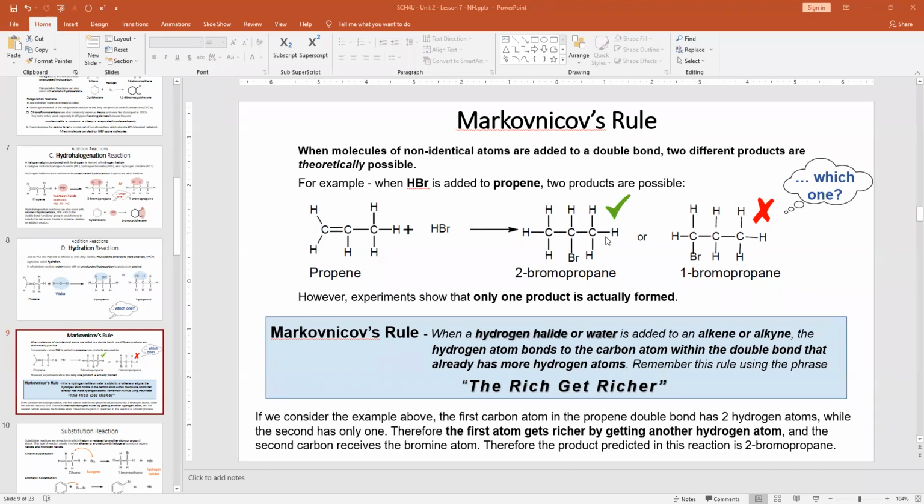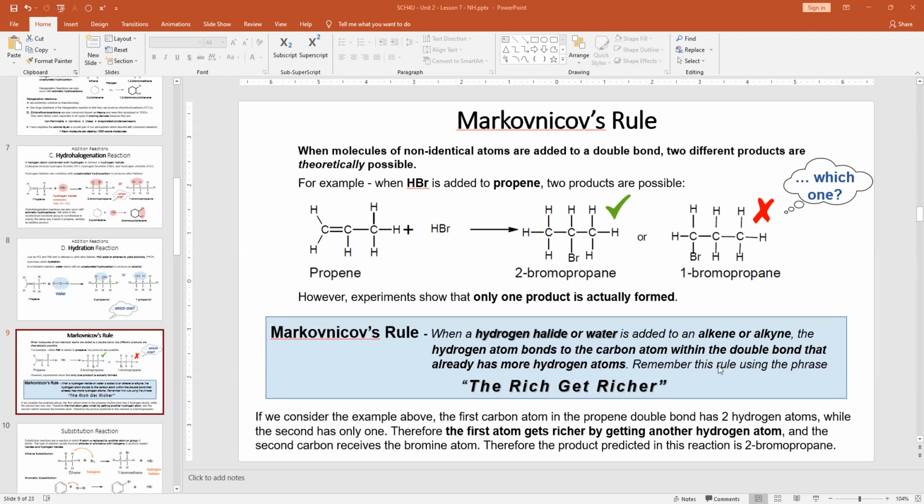So Markovnikov's rule says that when a hydrogen halide, as is the case with this molecule here, or water, H2O, is added to an alkene, double bond, or alkyne, which might have a triple bond, then the hydrogen atom goes to the carbon atom in the double bond that already has more hydrogen atoms.